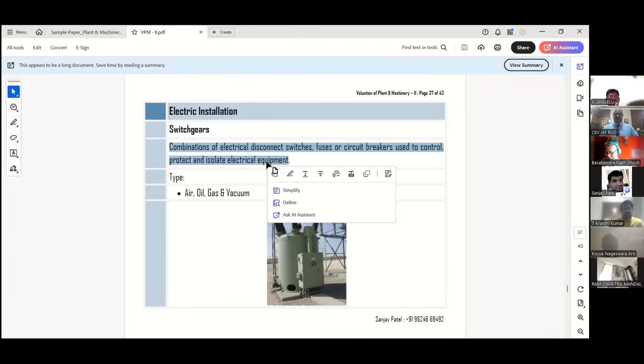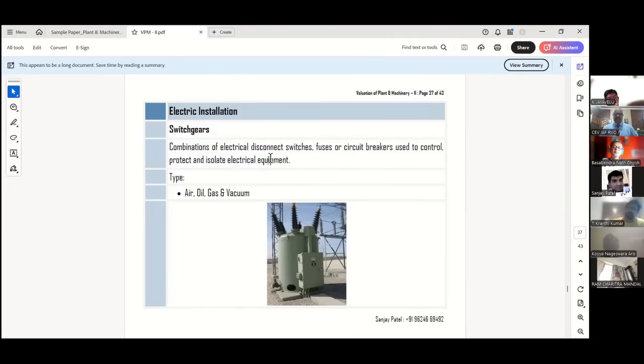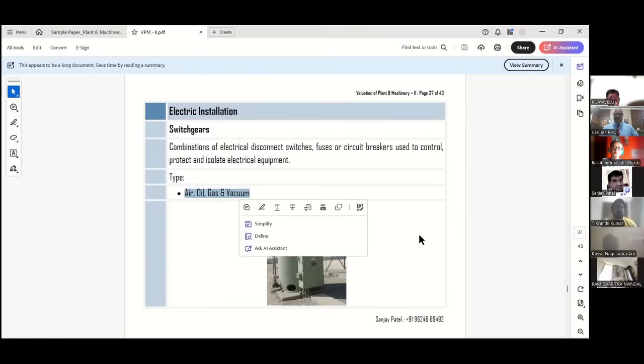At the end of the HT-LT, or say high tension panel or low tension panel, you will find the switch gears. Okay. So it is controlling equipment: disconnect switches, fuses. And types are air, oil, vacuum, based on its capacity.